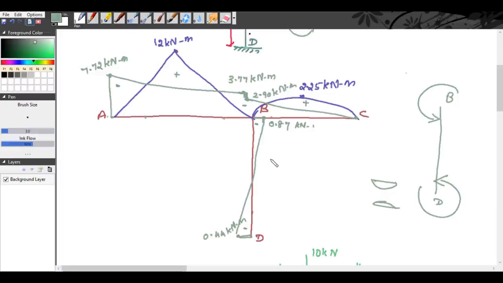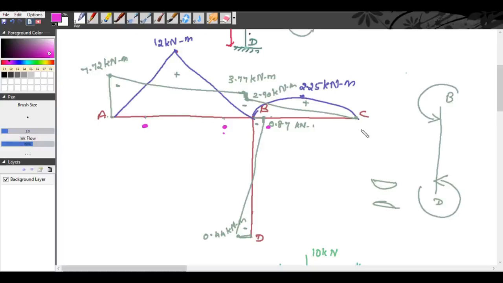So listen, from this to this, we will draw the deflection diagram now. While drawing the deflection diagram, from this point to this point, here there is a point of contraflexion. Now we have another point of contraflexion at this point, where it changes its sign. See, negative to positive, positive to negative, negative to positive.